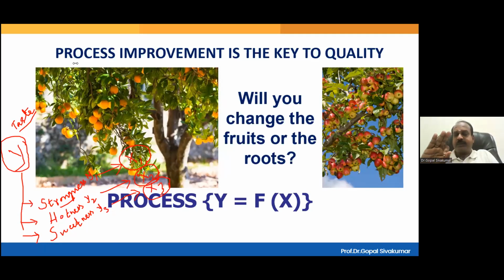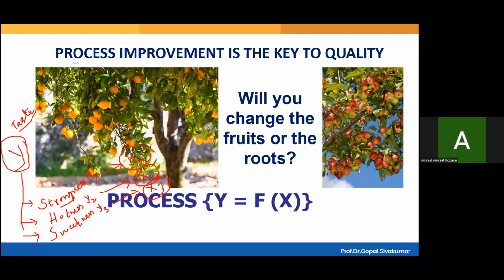The relationship can be positive. The relationship can be negative. The relationship can be linear. The relationship can be non-linear. All this information is very, very important when you want to offer a solution.